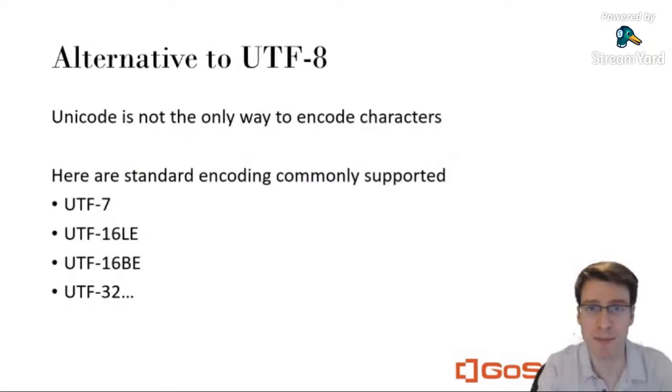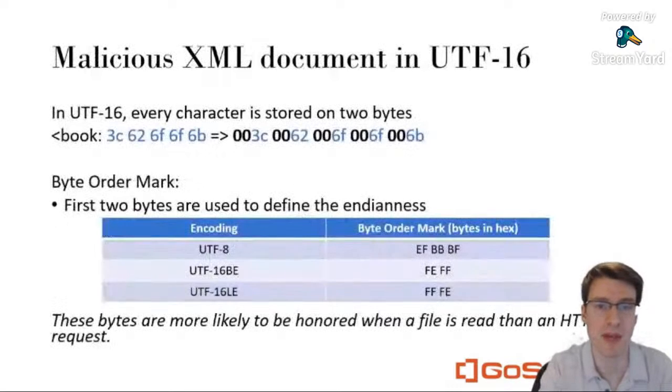One way to bypass the WAF and confuse it is to use a different encoding that it's not expecting. By default, most systems will be in UTF-8, but the WAF might not be supporting UTF-16 or 32. How do you encode in UTF-16? UTF-16 is an encoding that uses 2 bytes for every character.